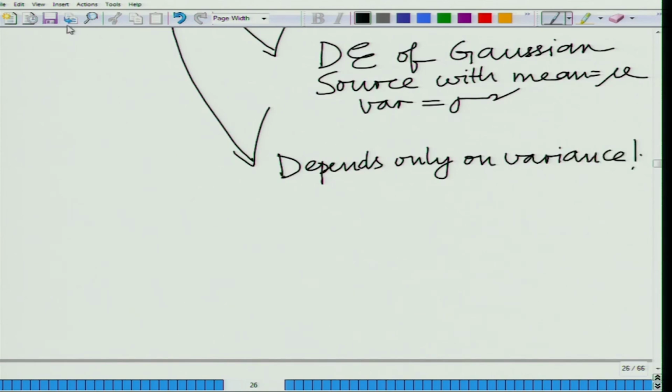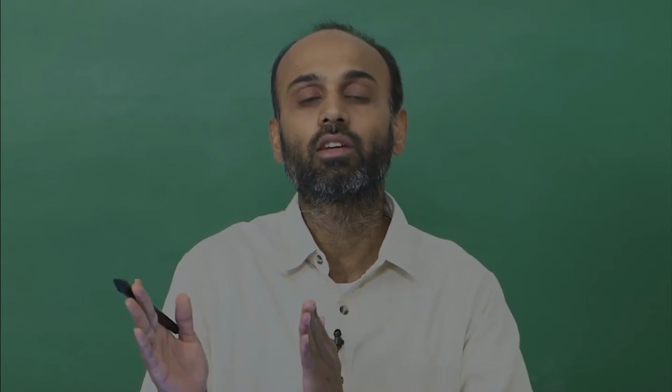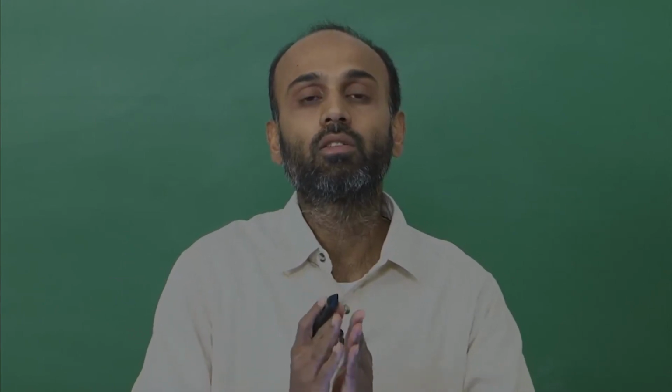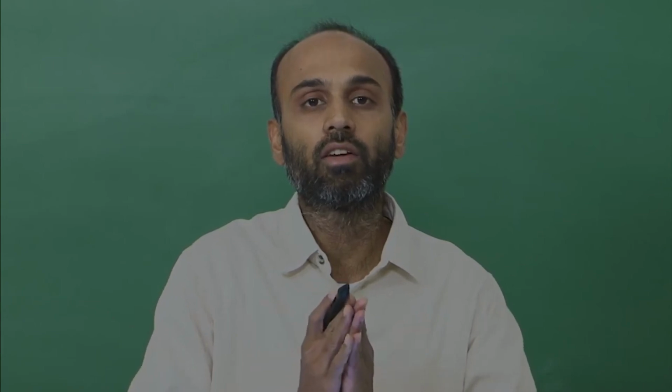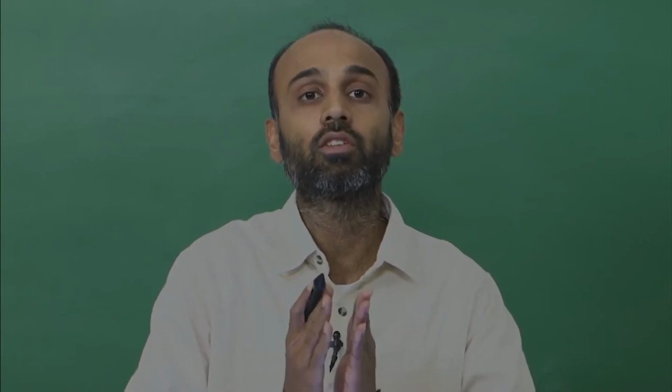That is something very interesting. It does not depend on the mean mu. That is, you take your Gaussian source and shift the output probability density function by a constant mean. The resulting differential entropy is not different. The differential entropy of the source does not change. It does not depend on mu.